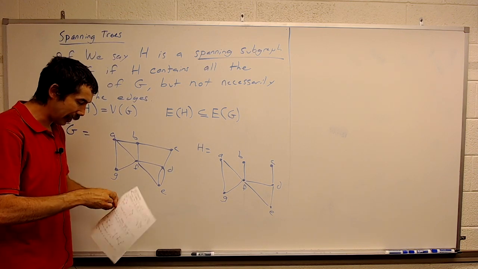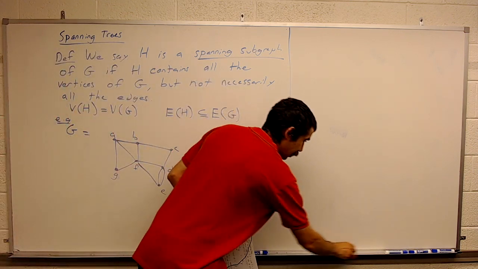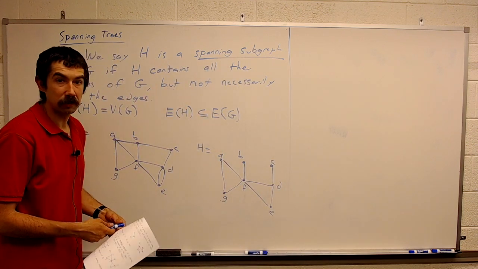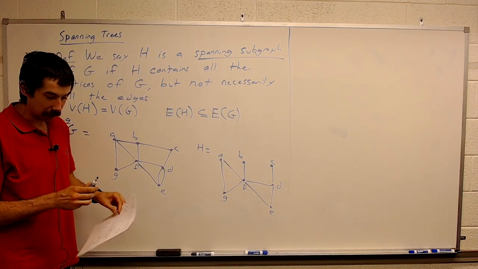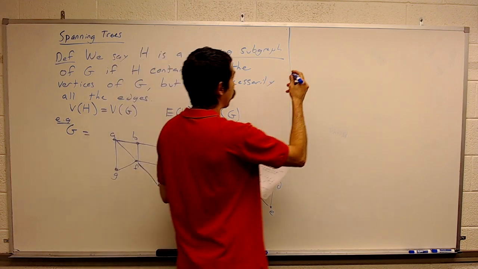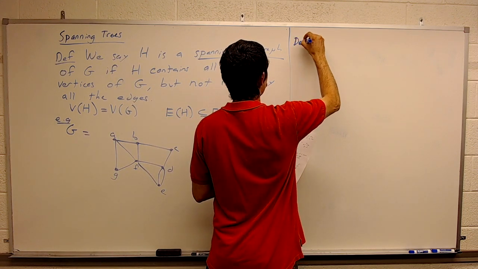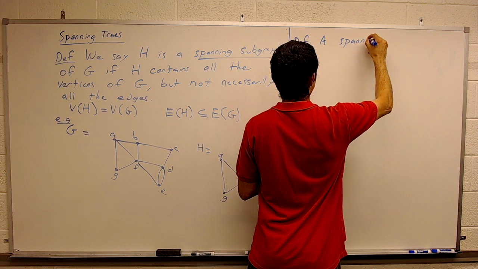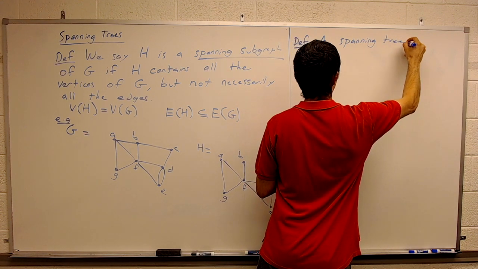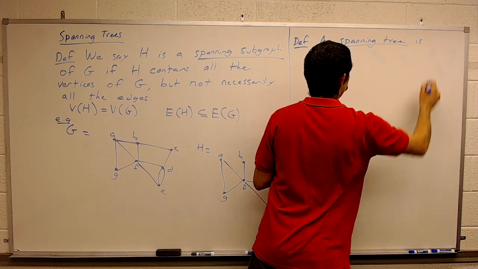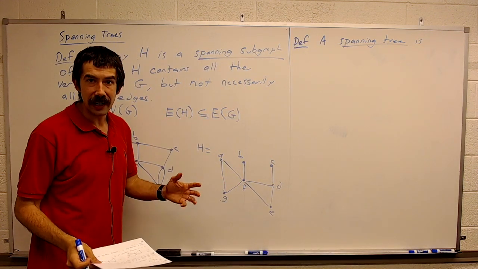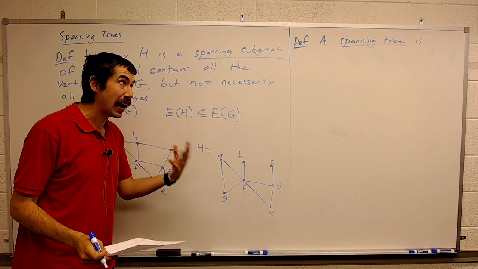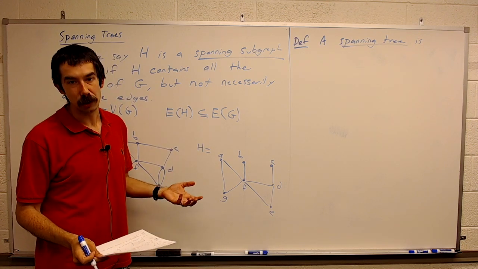And so what we're going to be interested in is not just subgraphs, but spanning trees. So what is a spanning tree? A spanning tree is a spanning subgraph that happens to be a tree.